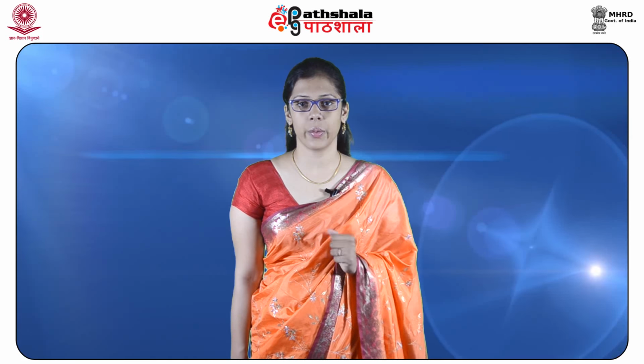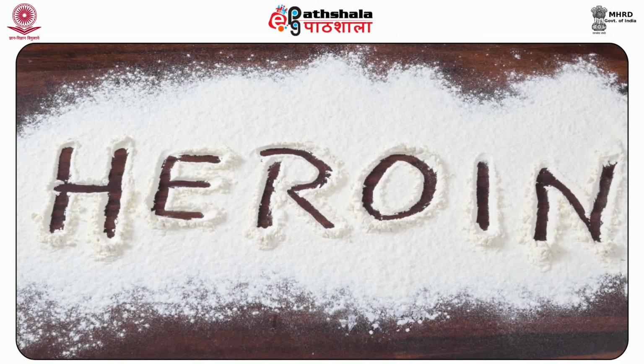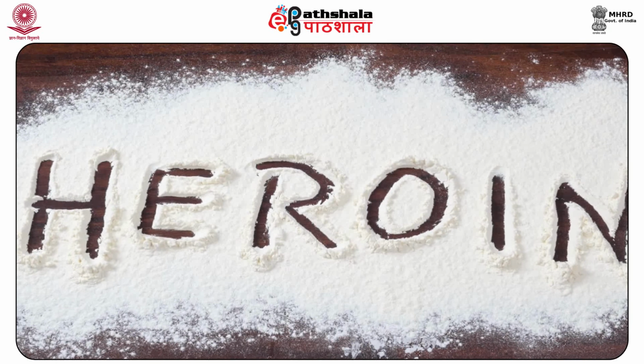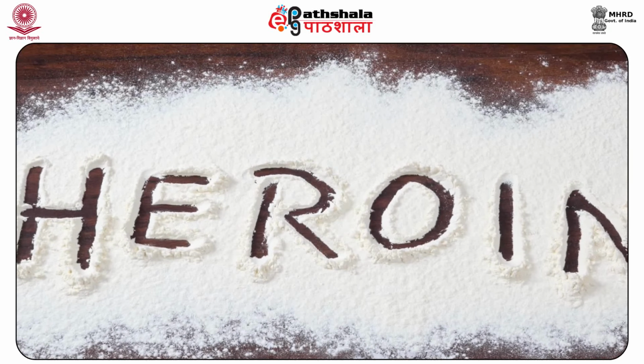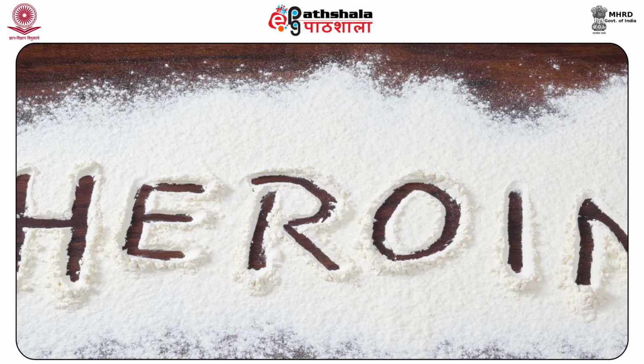Next is heroin. Heroin, or diacetylmorphine, is obtained by the acetylation of morphine. It is a white odorless crystalline powder with a bitter taste.